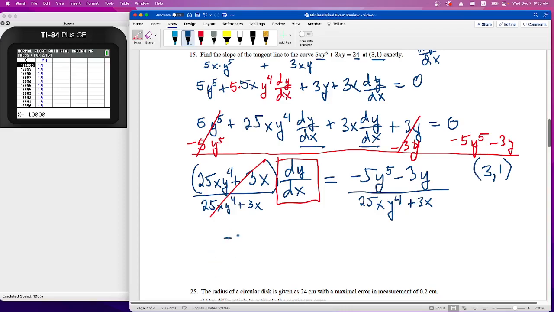So minus 5 times 1 to the 5th power, minus 3 times 1, 25 times 1, times 3. X is 3.